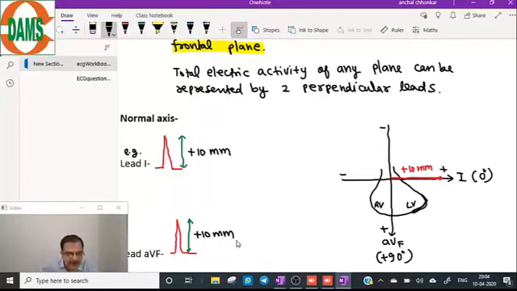AVF is showing a strength of plus 10 mm, so I will make a line of AVF in the positive direction, plus 10 mm.